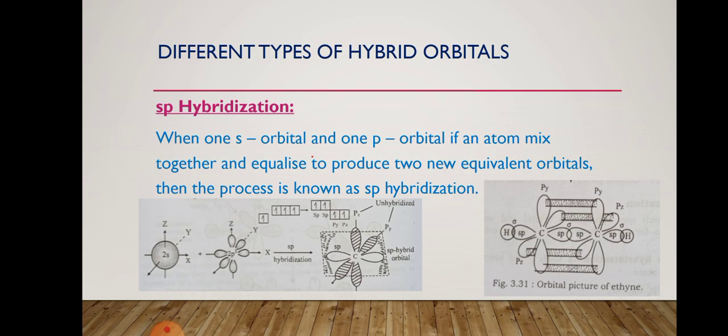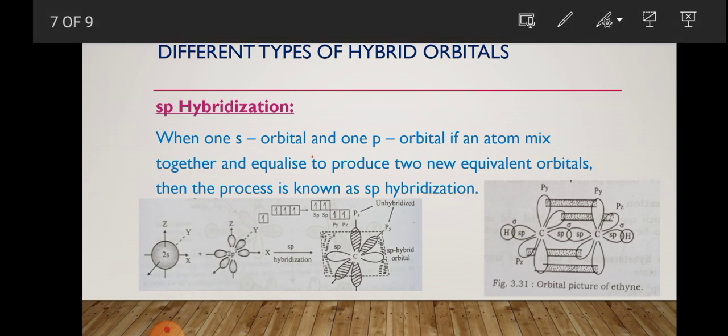here, look at the figure please. Here one s orbital and one p orbital, that is the px orbital, combine together and form two hybridized orbitals, two sp hybridized orbitals.